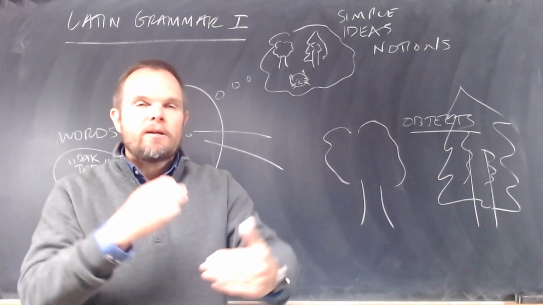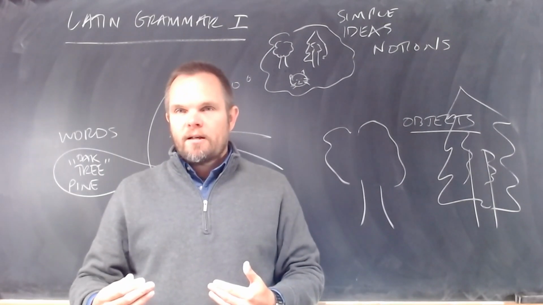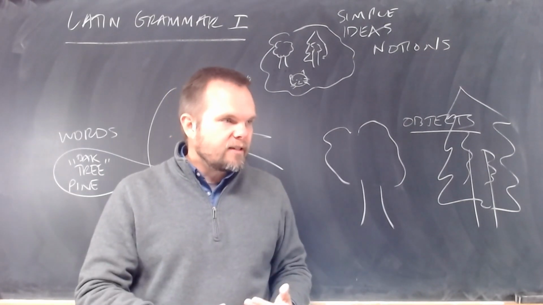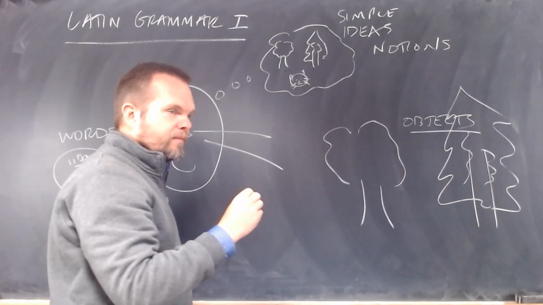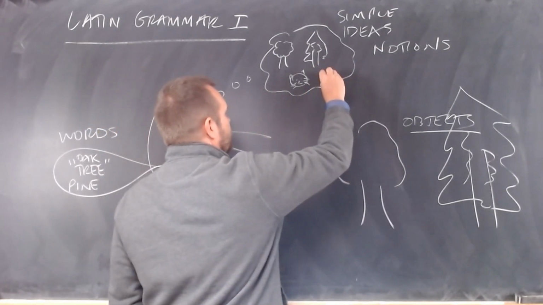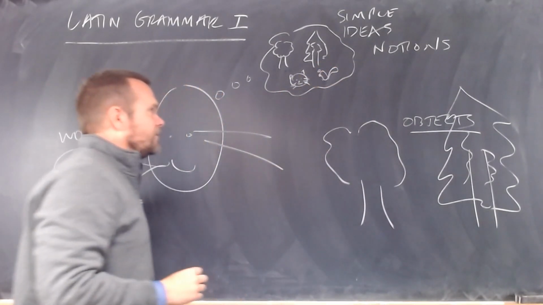And so now what you need to do is put together ideas. You need to combine ideas together. You have an idea of a cat, right? And you have an idea of a squirrel, and I'm not going to bother trying to draw a squirrel. Just imagine that's a squirrel, right?